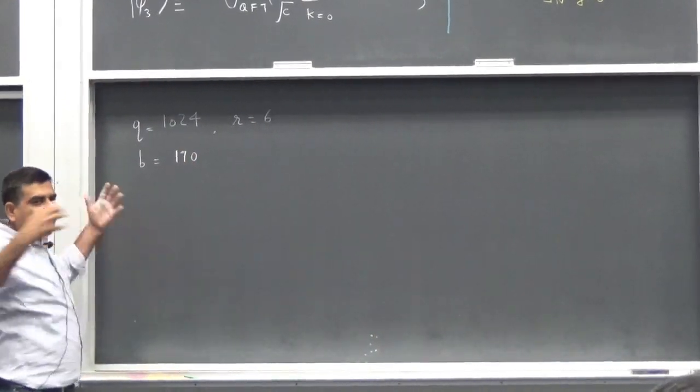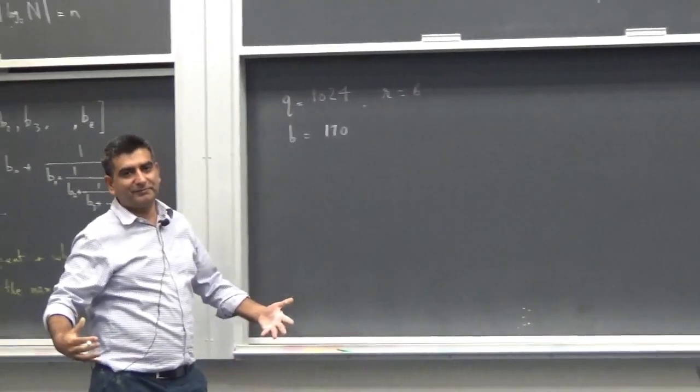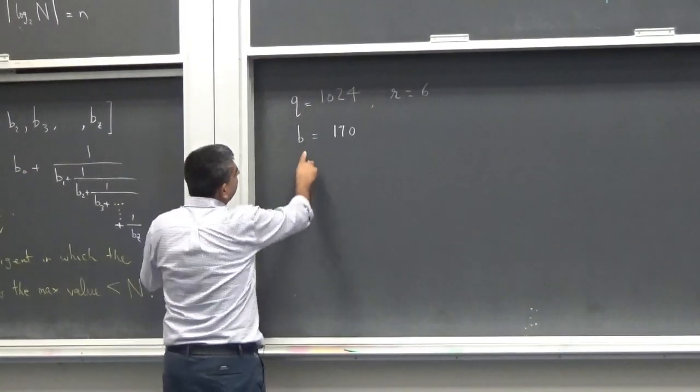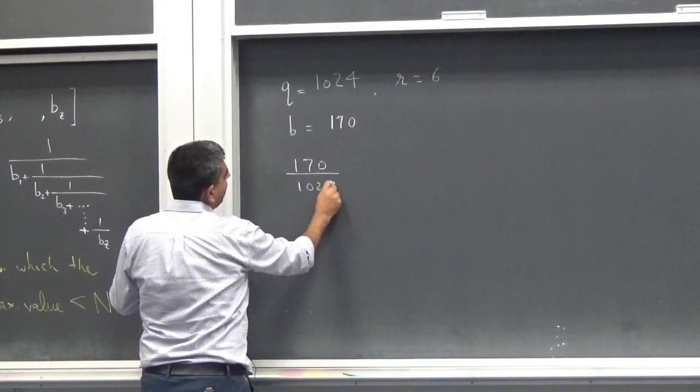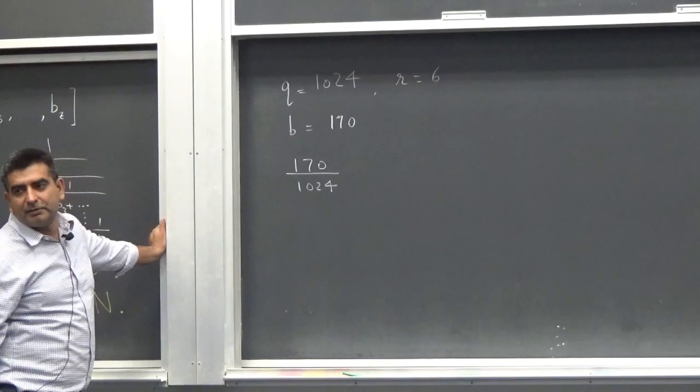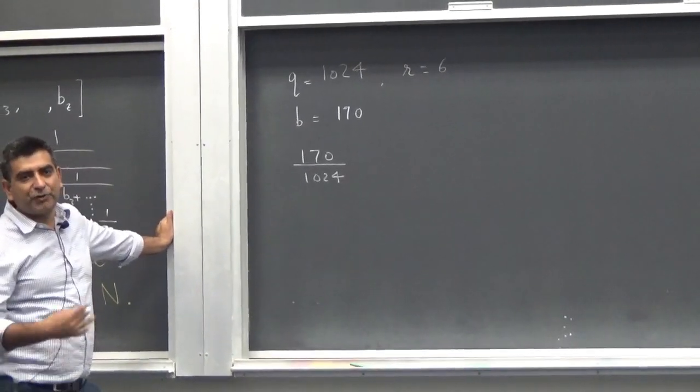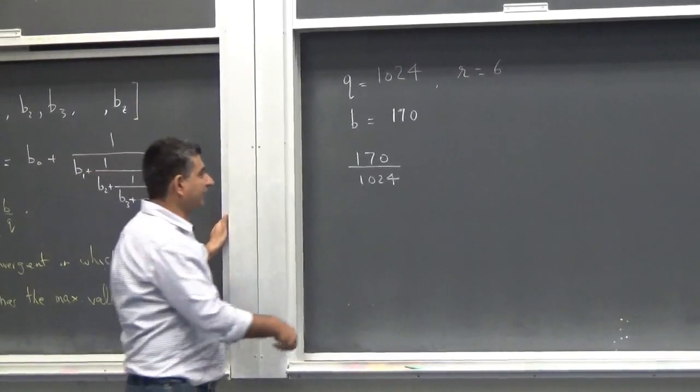So I get an output, I get 170. So I take b over Q, which is 170 over 1024. So let's try to find the continued fraction expansion of this.